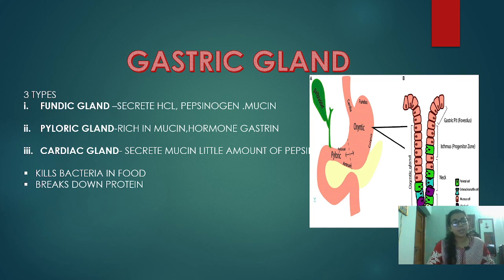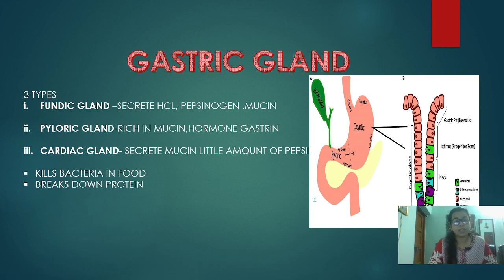Basically this pyloric region is mainly rich in mucin. Why is it so? You can see here the significance: as it is rich in mucin, when the food from the stomach reaches the intestine, it can smoothly reach the intestine because of the presence of the mucin. Okay. So this is the significance.